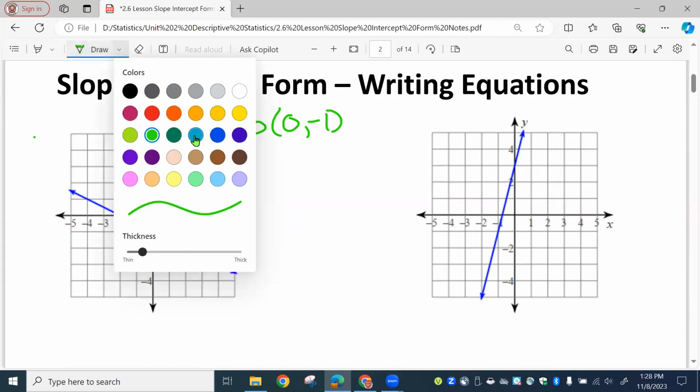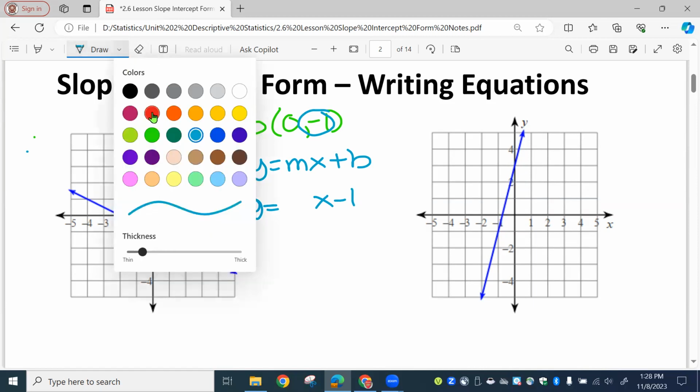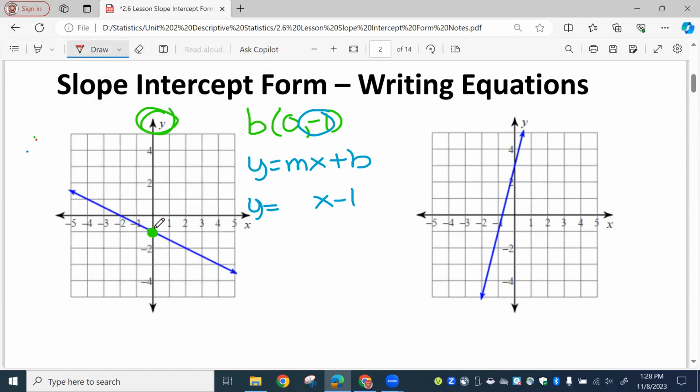Our slope-intercept form of a line is y equals mx plus b. So we can start building that by using our intercept. The y value of it is -1, so our equation is going to end with -1. And then we can find the slope. The way we find the slope, we can find like we did in the last lesson. I have one point already, my intercept, and I have another point right here.